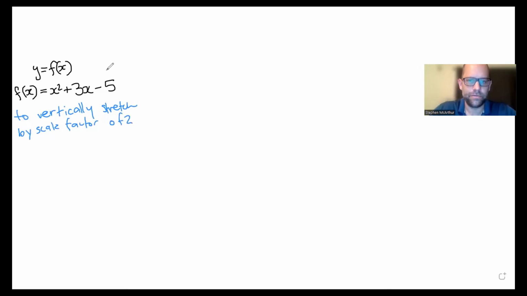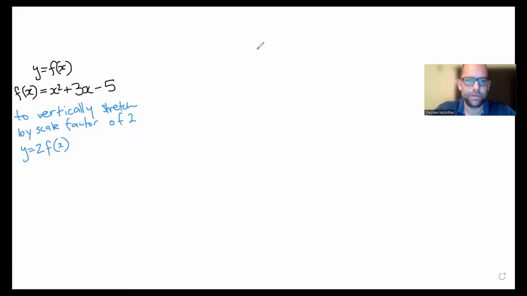Let's just split those up. To vertically stretch by scale factor of 2, y is equal to 2f of x.